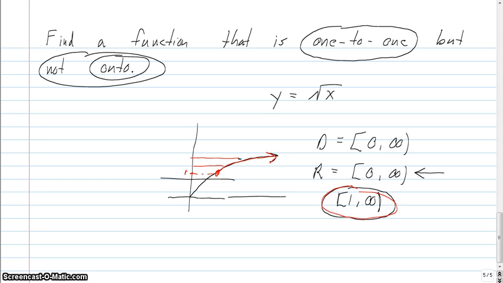So what we need to do is extend the codomain down here somewhere, where there are y values that don't get used. So I probably should have been a little bit more careful when I was saying that the range and the codomain don't match up. That is true, but if you're trying to create a function that's not onto, you do have to think about how you're going to do that a little bit. So we want to make the codomain be like -1 to infinity, or -2 to infinity, or something like that.